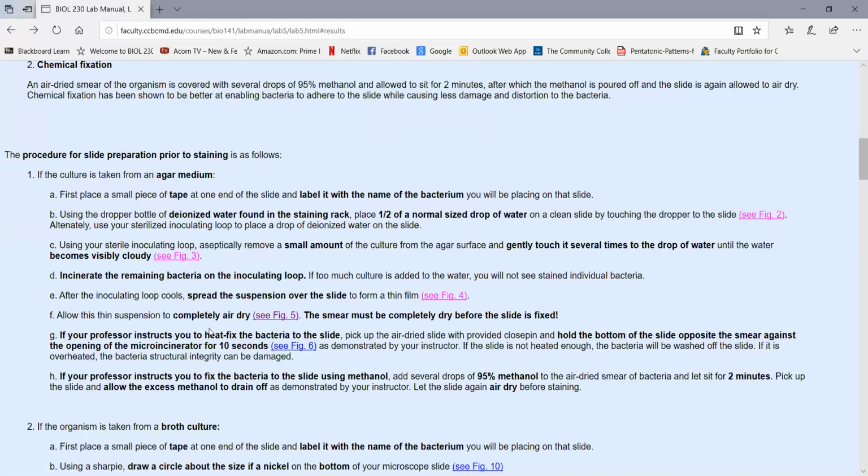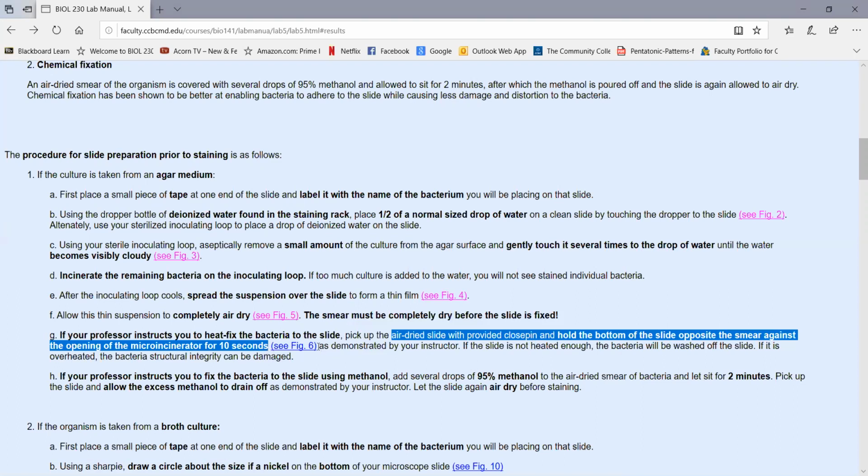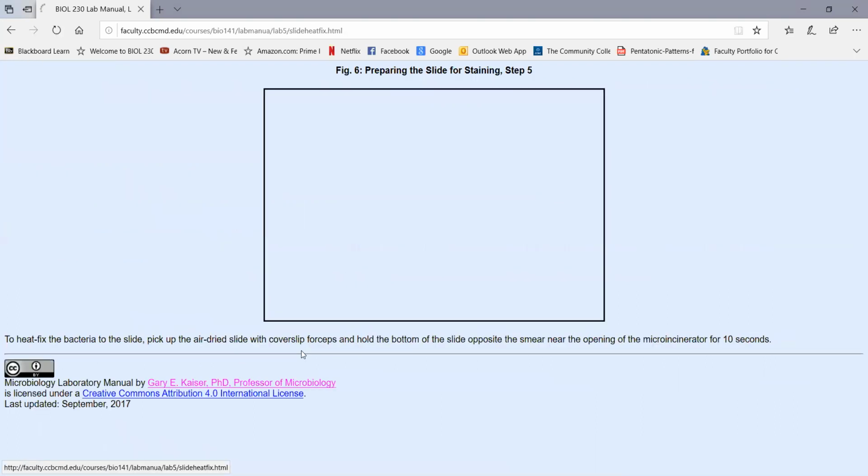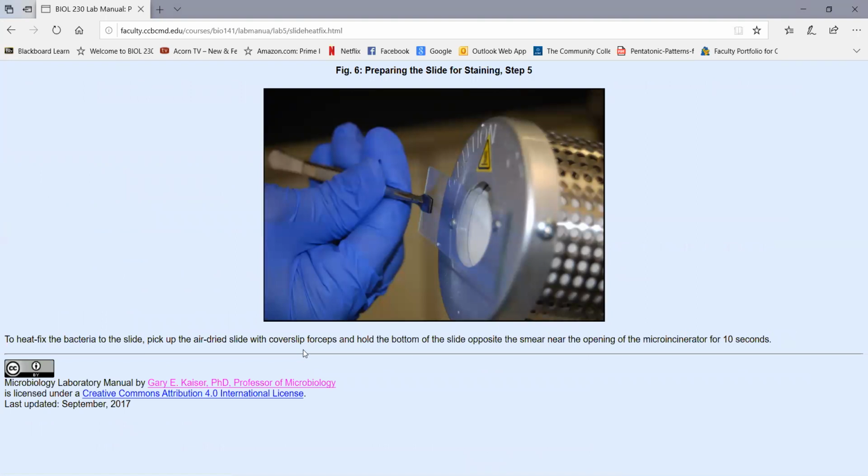Then we're going to heat fix the slide rather than chemically fix it. So you're going to pick up the air dried slide using the clothespins we have for that, and hold the bottom of the slide against the opening of your Bacti incinerator for 10 seconds. Figure 6 shows that. Again, the video shows this better.